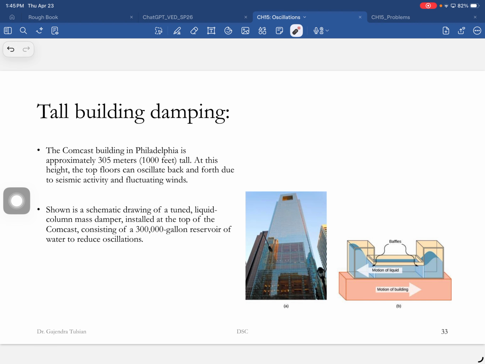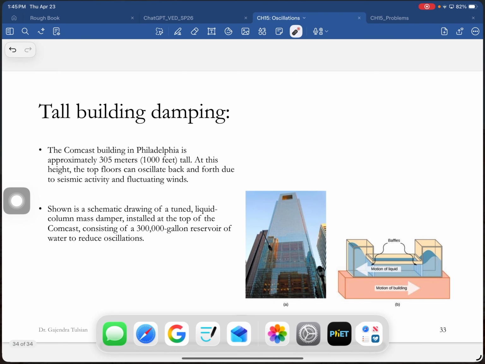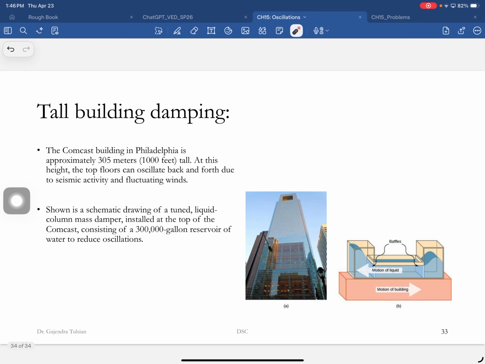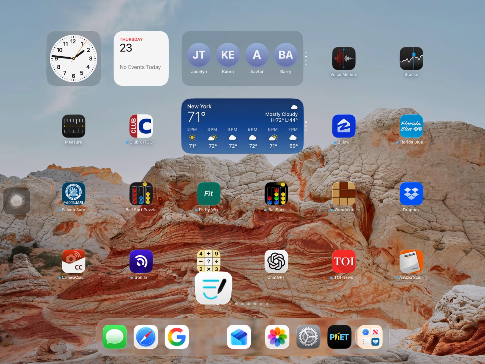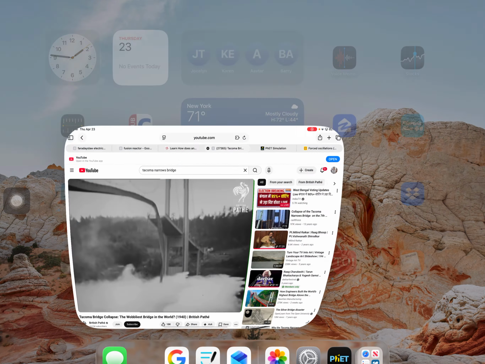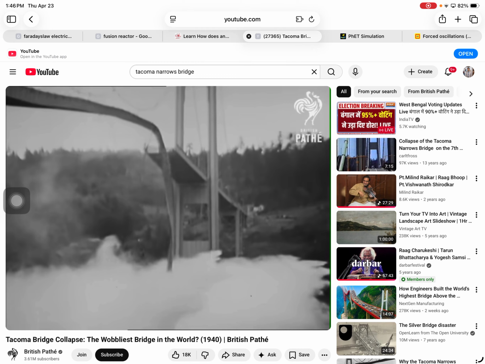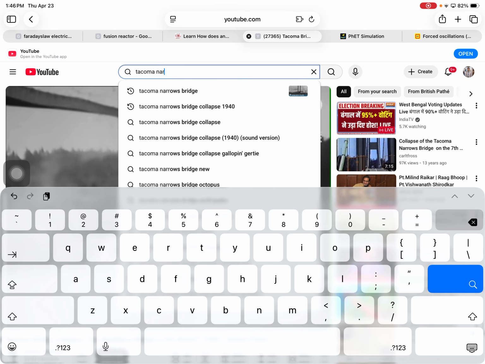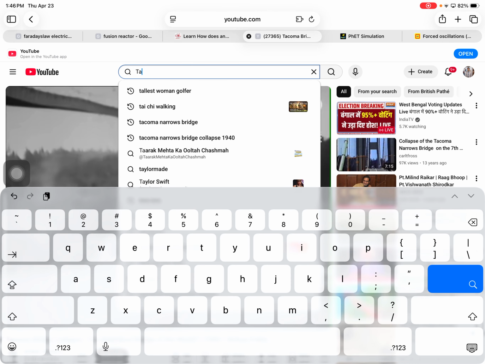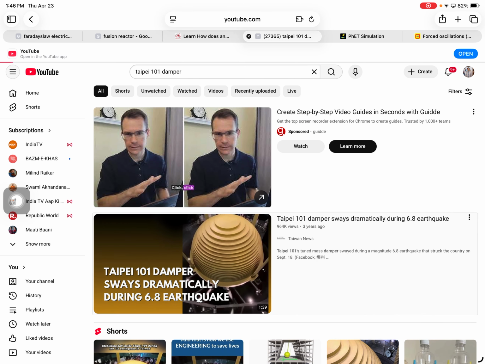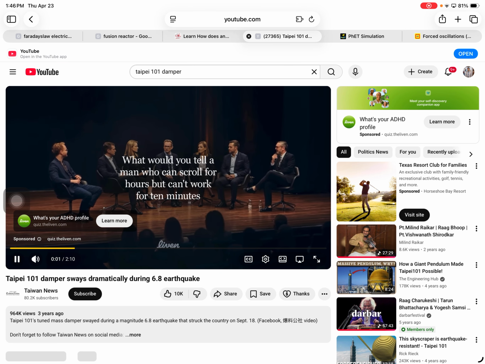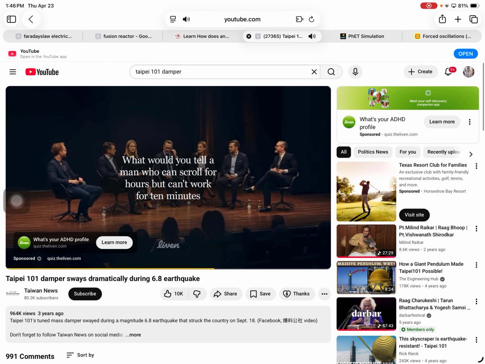So this is a 300,000 gallon reservoir. Here's the damper in Taipei.